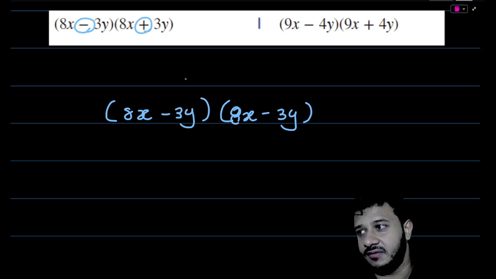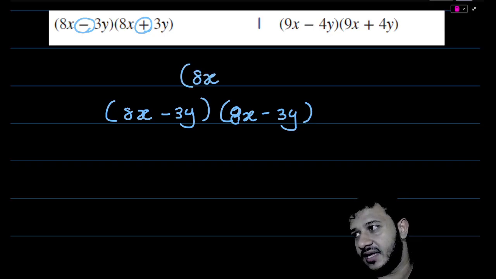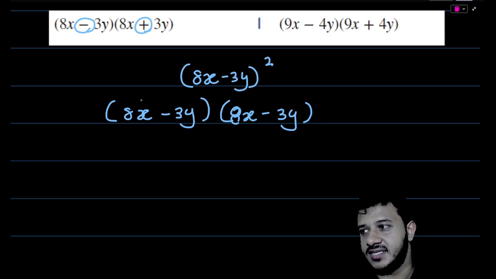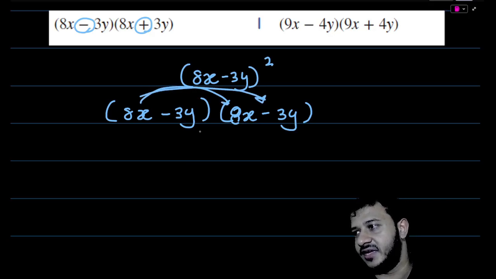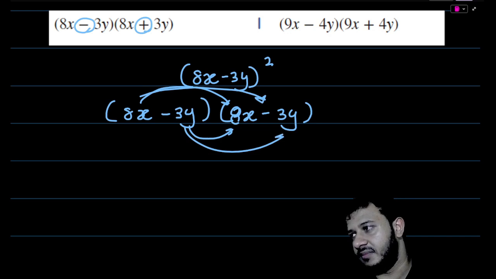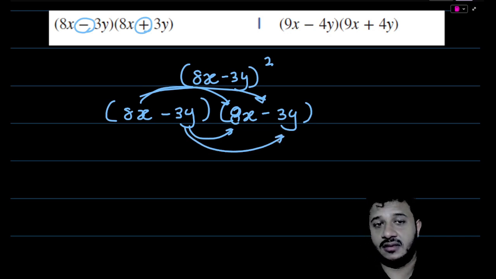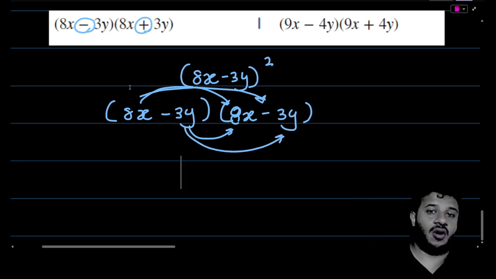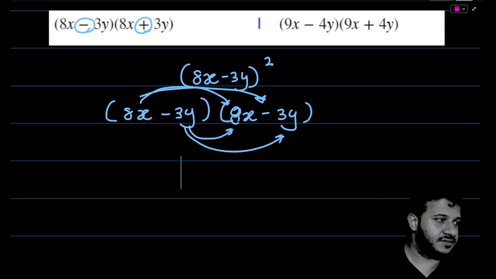Hell no. This is a perfect square, 8x minus 3y to the whole square. In those cases, we do the normal expanding just like what we did at the very beginning of today's lesson. Make sense? Please remember, they all look alike sometimes, but they are not the same.